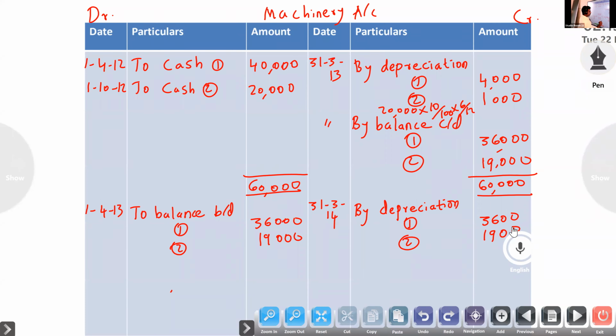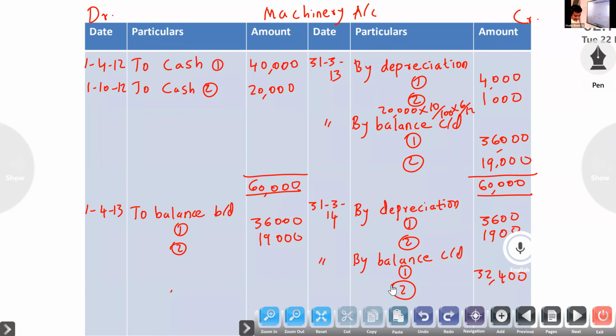Next, by balance CD: 136,000 minus 13,600 is 122,400.